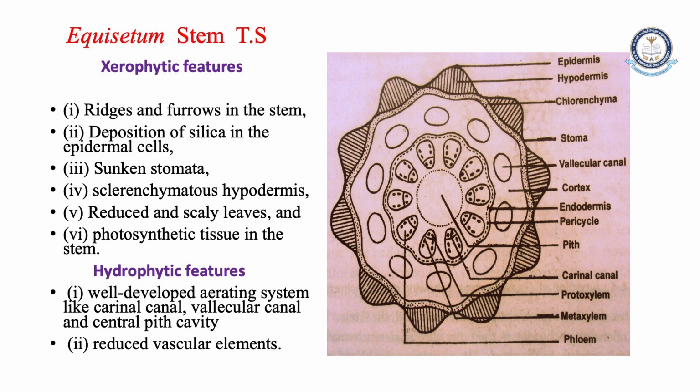The xerophytic adaptations are ridges and furrows in the stem, which make it very rough in structure, deposition of silica in epidermal cells, sunken stomata, sclerenchymatous hypodermis, reduced scaly leaves, and very little photosynthetic tissue in the stem. The hydrophytic features are a well developed aerating system like carinal canals and valvular canals, and reduced vascular elements.